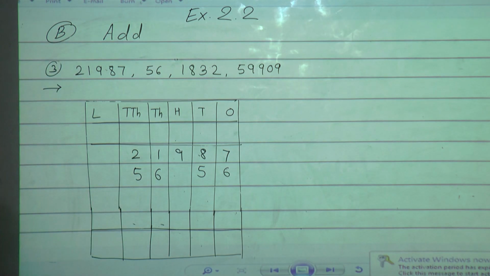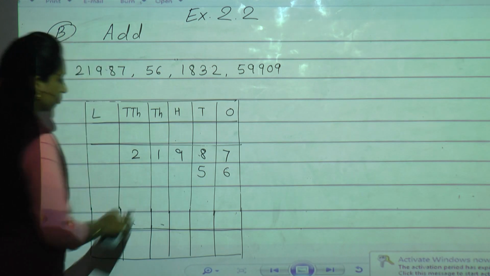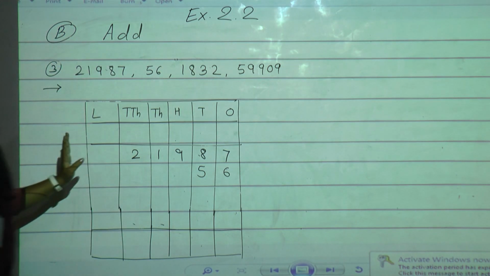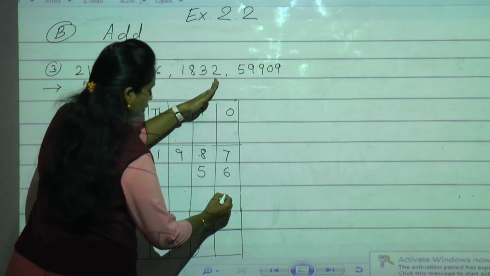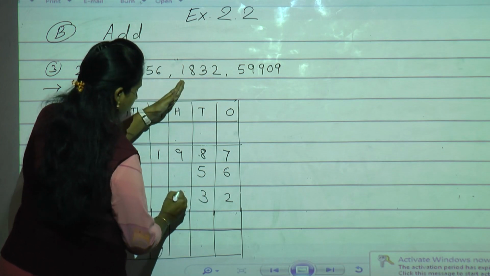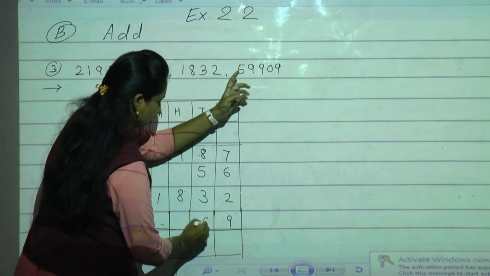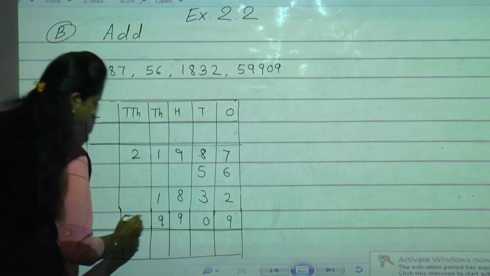But it is totally wrong. You will do the addition perfectly correct, but once you do the way of writing wrong, the answer also will automatically come wrong. So start writing from the ones place: 2, 3, 8, 1. 9, 0, 9, 9 and 5.